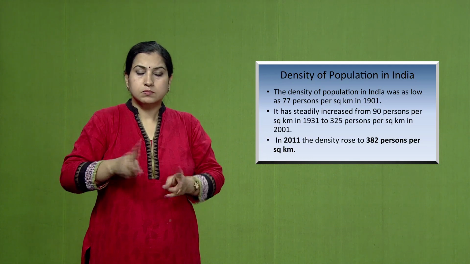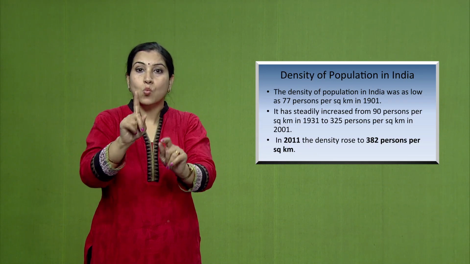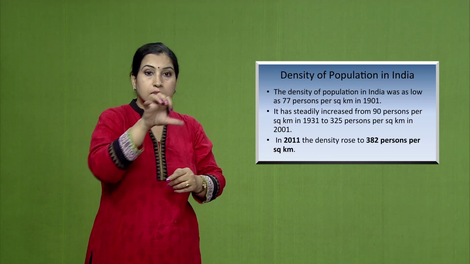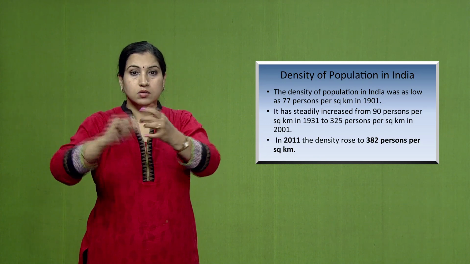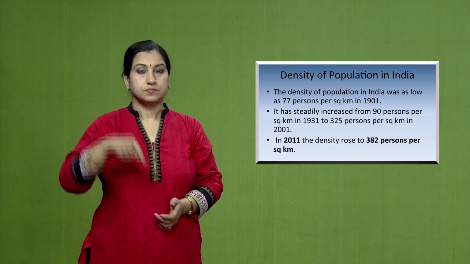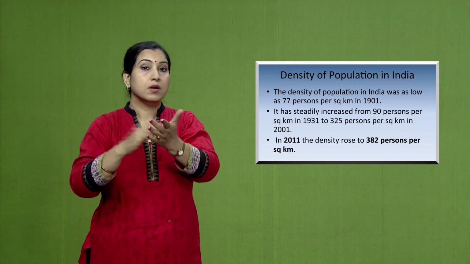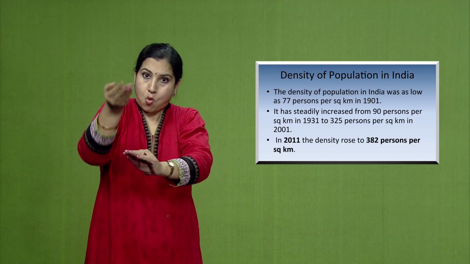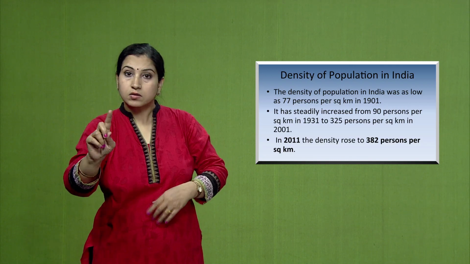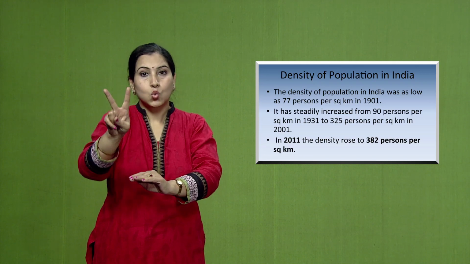It has steadily increased from 90 persons per square kilometer in 1931 to 325 persons per square kilometer in 2001. In 2011, the density rose to 382 persons per square kilometer.